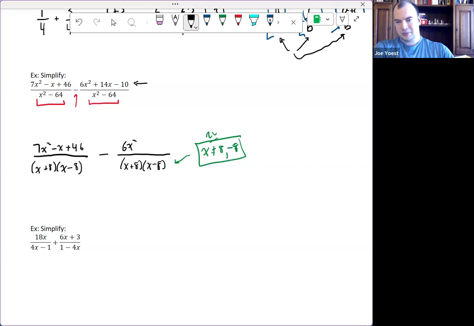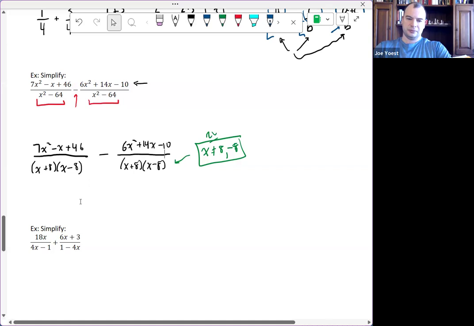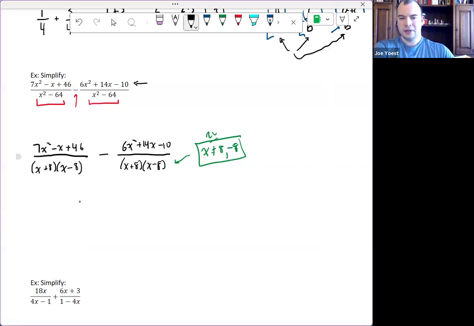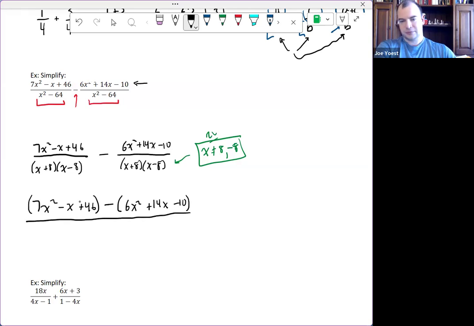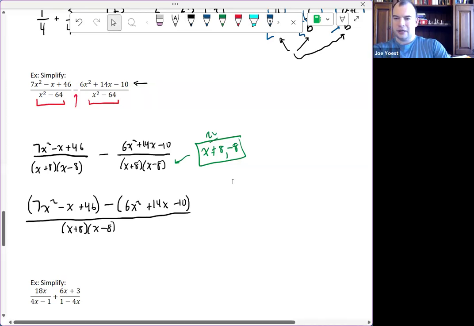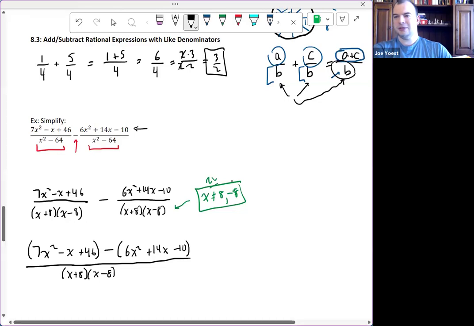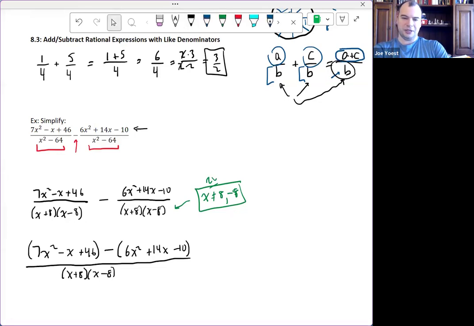And I have 6x squared plus 14x minus 10. Now, when I subtract these, what do I end up with? I get 7x squared minus x plus 46, that first numerator, minus the second numerator. And then remember, I keep the same denominator at the end here: x plus 8 times x minus 8.